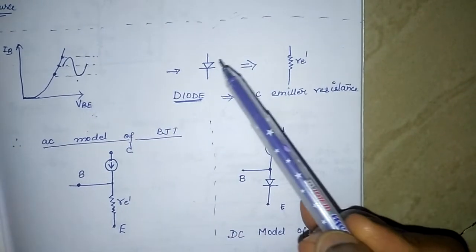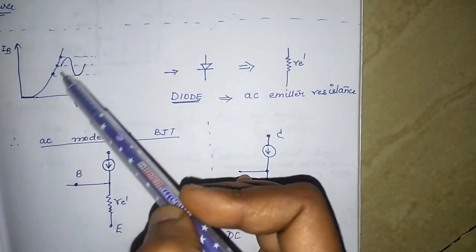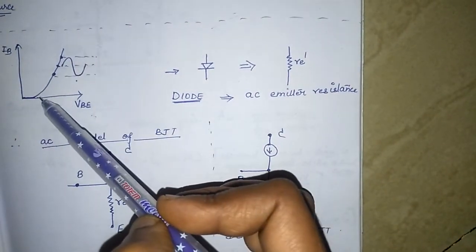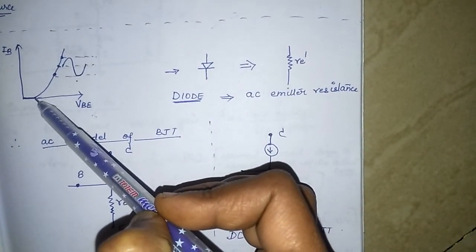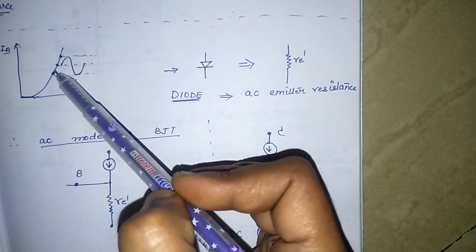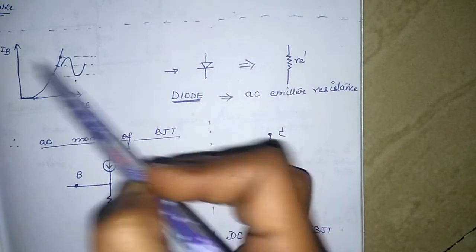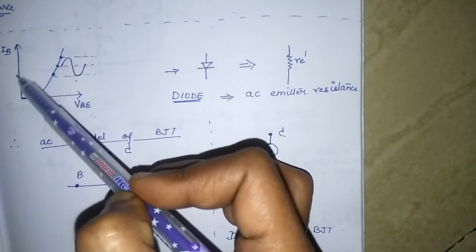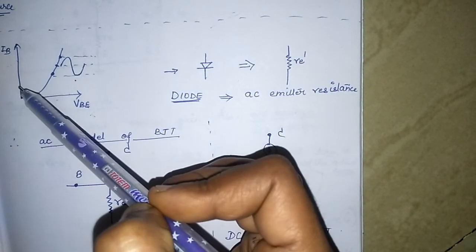Now the diode is represented by the forward characteristics. Since the entire region of the characteristic is not utilized in a small signal amplifier and we are using only a small portion, this part will give you delta VBE and this part will give you delta IB. So delta VBE by delta IB will give you resistance.